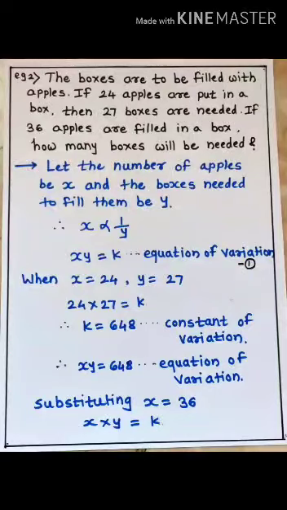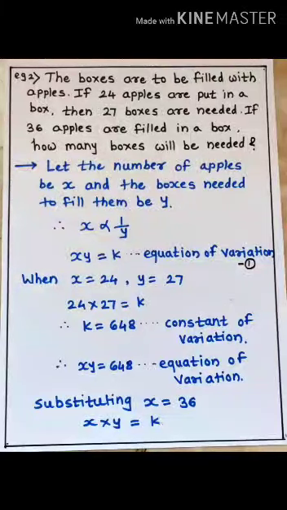Students, here more the number of apples in a box, less is the number of boxes required to fill them. Therefore, this is a case of inverse variation. Therefore, x varies inversely as y.